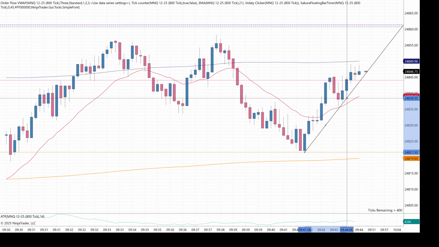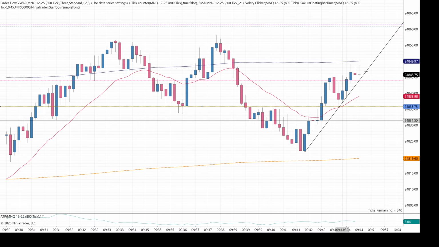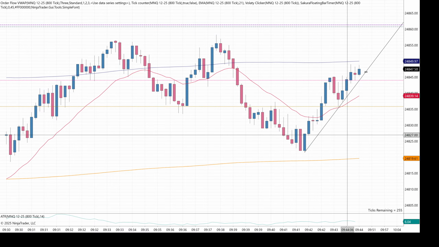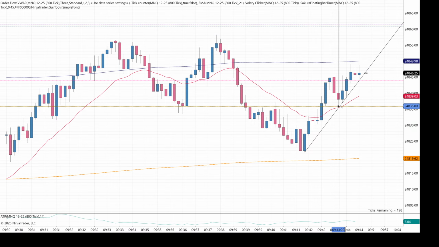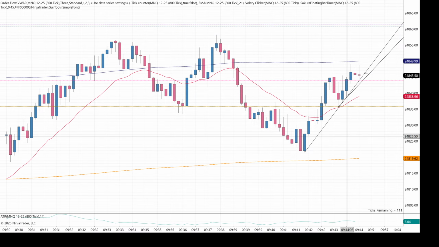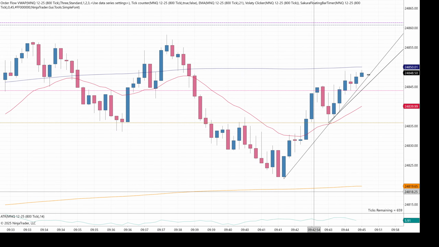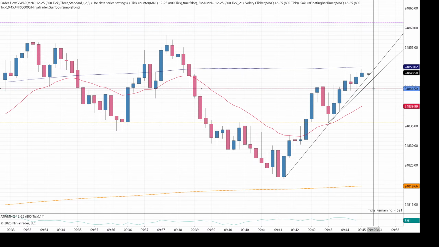Update this line. Okay, runner still running.